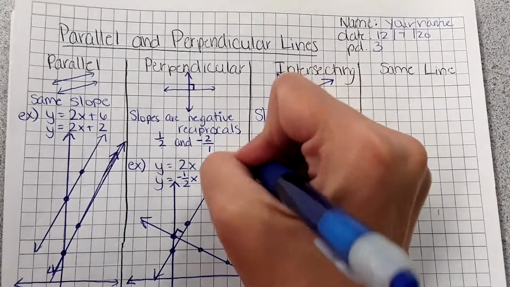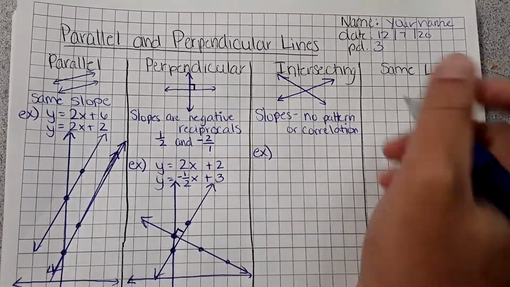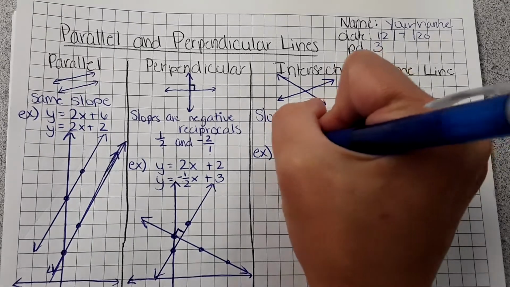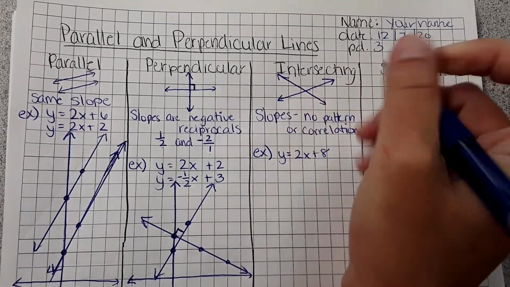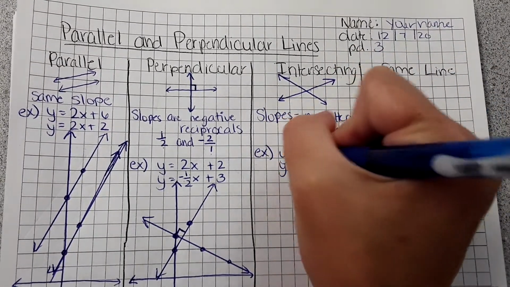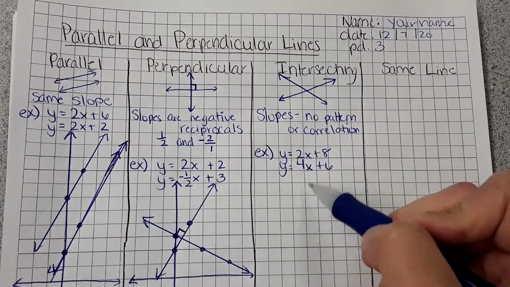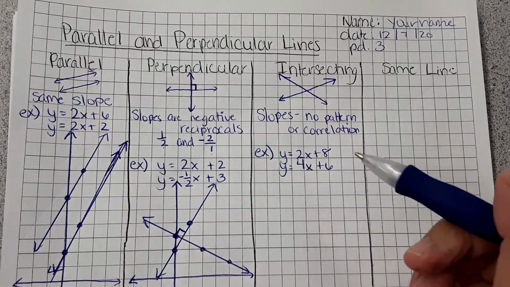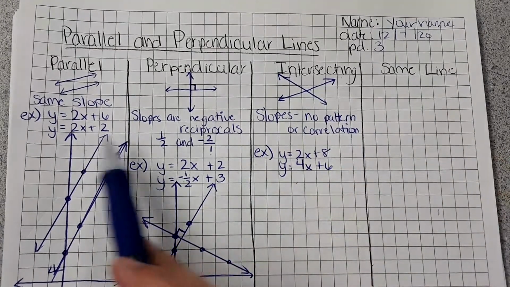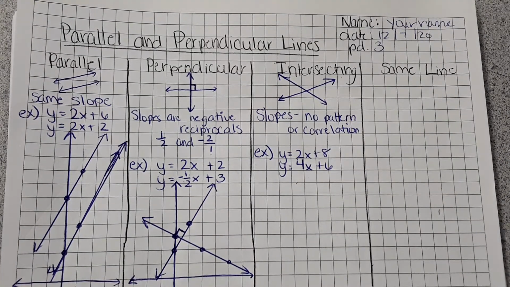So for example, let's say the equation is y equals 2x plus 8 and y equals 4x plus 6. In this case, the slopes aren't the same. They're not negative reciprocals. We're looking for these two scenarios. It doesn't have either of those, so these are just intersecting lines.